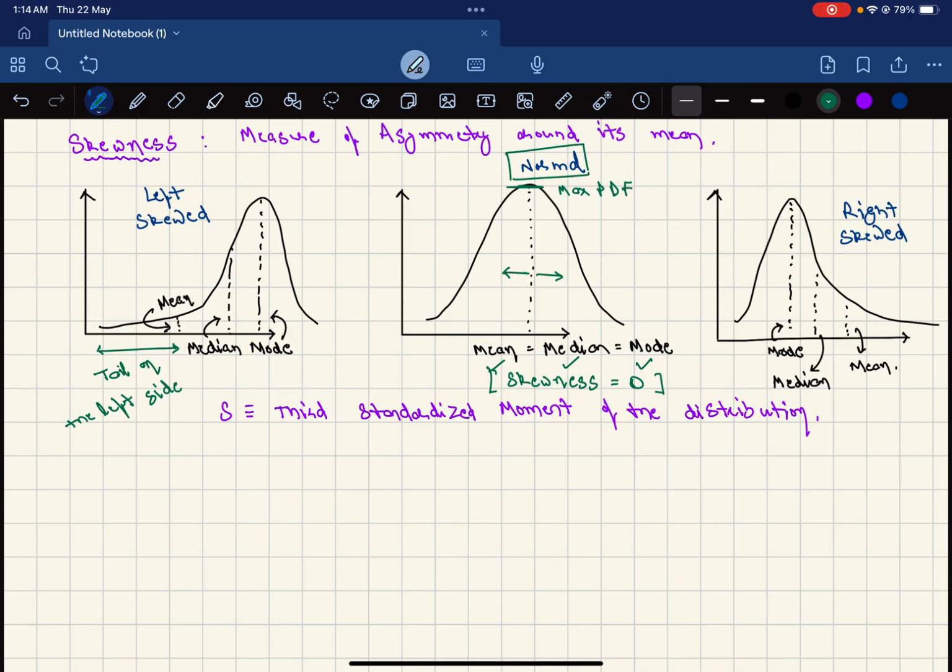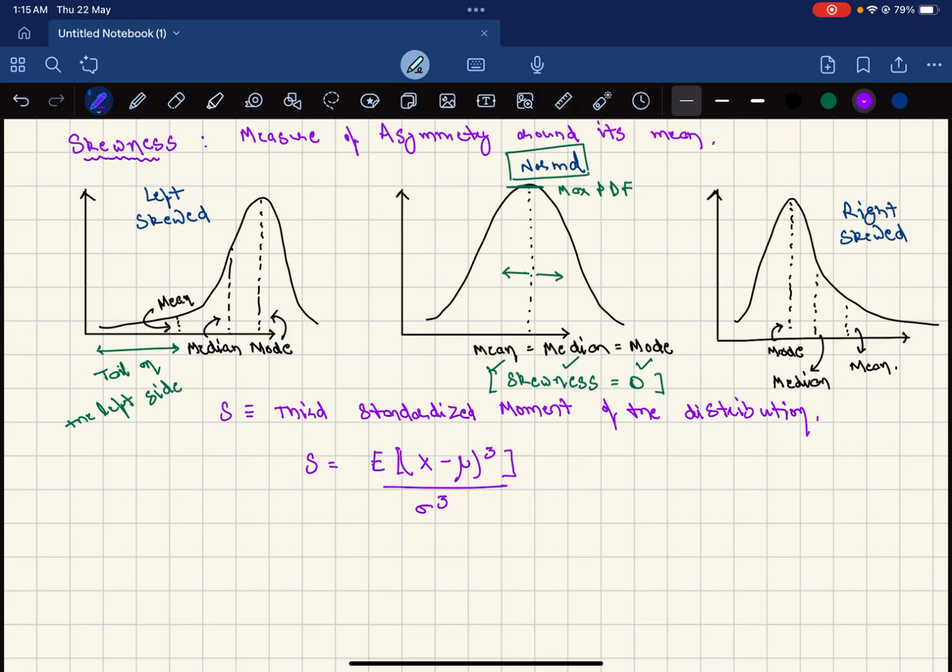Now we'll come back to the exponential distribution, and we'll try to find mathematically what the skewness of an exponential distribution is. For exponential distributions, we have to find the third standardized moment of the distribution, and this is computed as the expected value of (x minus mu) whole cube divided by sigma cube.